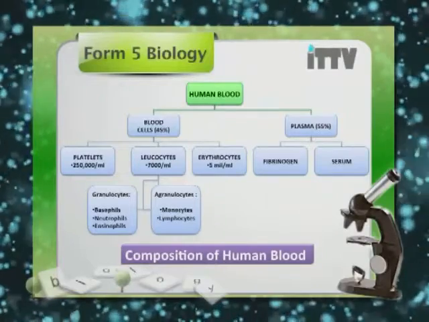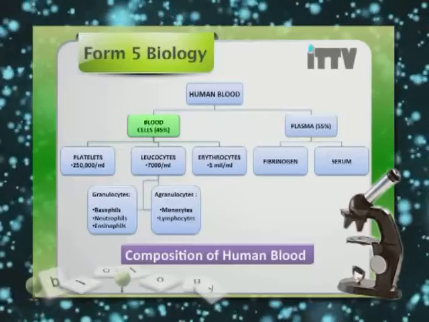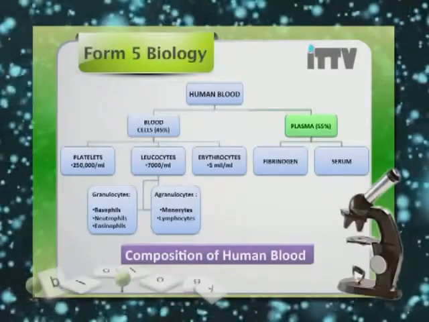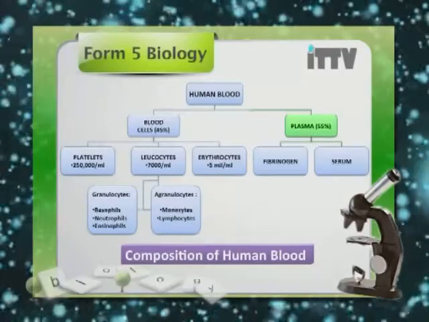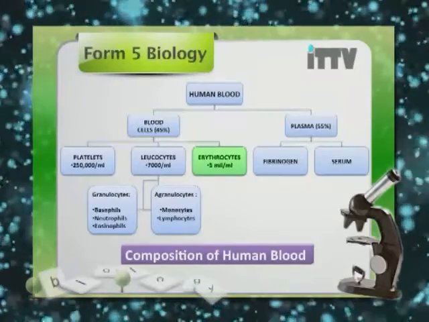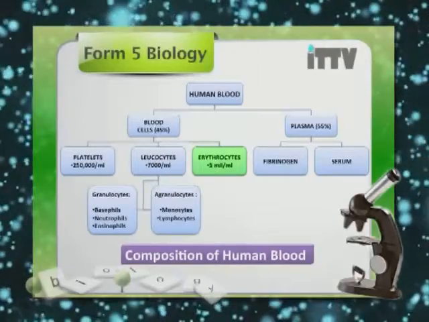Okay, here is a chart on the human blood. We see here that the cellular component makes up 45% of the human blood, while the rest, which is the plasma, makes up 55%. The cellular component consists of the erythrocytes, or the red blood cells, and it amounts to about 5 million per milliliter of the blood.